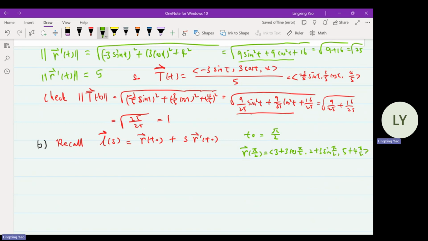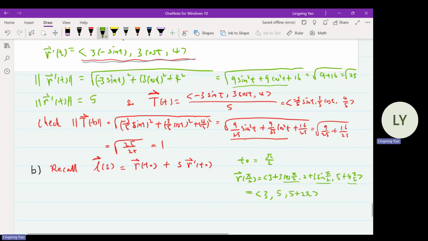So this is r at t naught. What is cosine pi over 2? I think it is 0, right? And what is sine pi over 2? I think it's 1. So this is 3, 2 plus 3 is 5, and 4 times pi over 2 is 2 pi. So 5 plus 2 pi. That's not so bad.